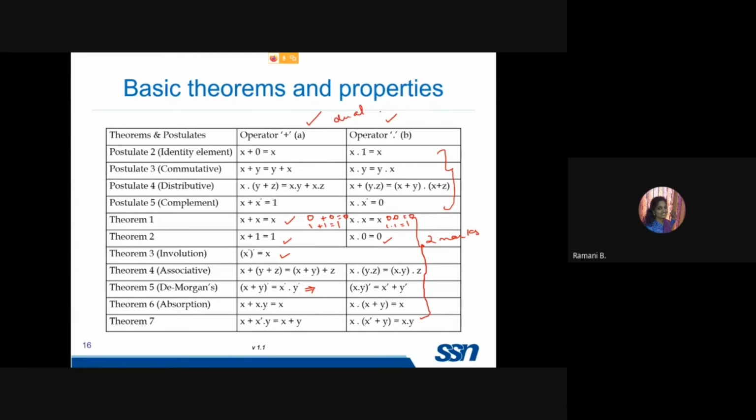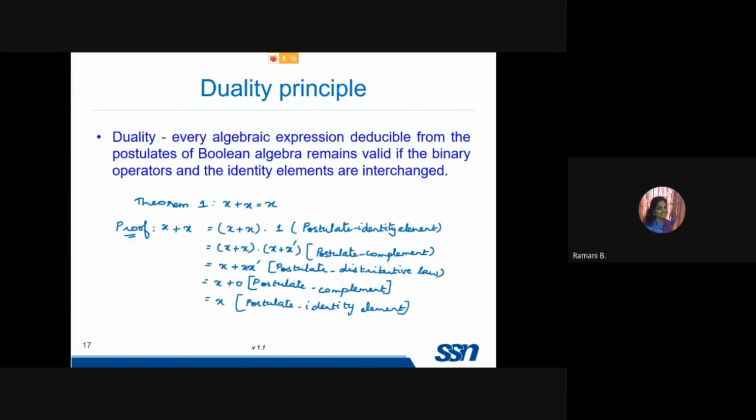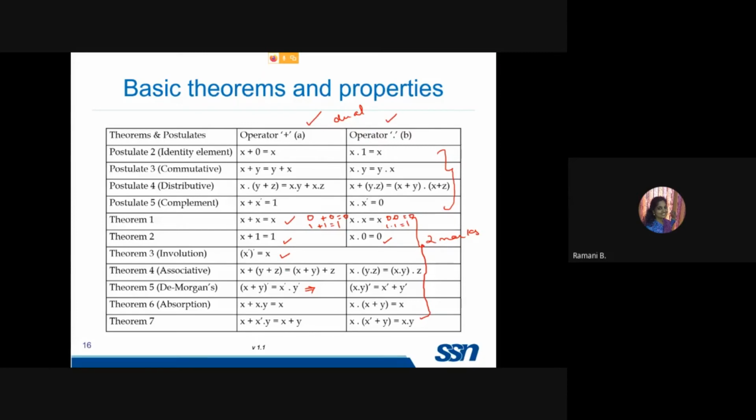So what is duality? The duality principle is that every algebraic expression deducible from the postulates of Boolean algebra remains valid if the binary operators and the identity elements are interchanged. So here, if you check, in each of these we are interchanging plus with dot or dot with plus, and 0 with 1 and 1 with 0, because 0 is the identity element for the plus operator and 1 is the identity element with respect to the dot operator.